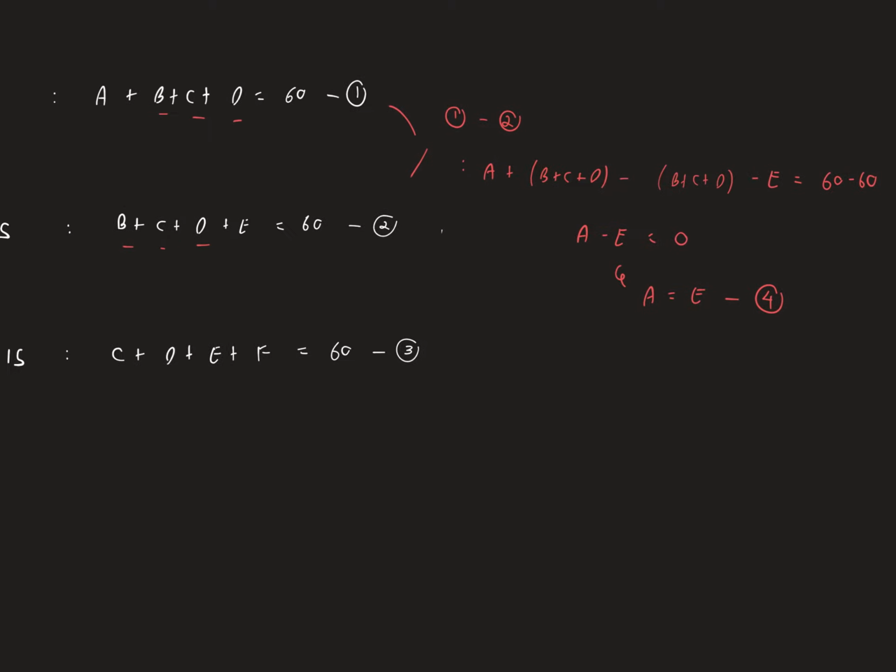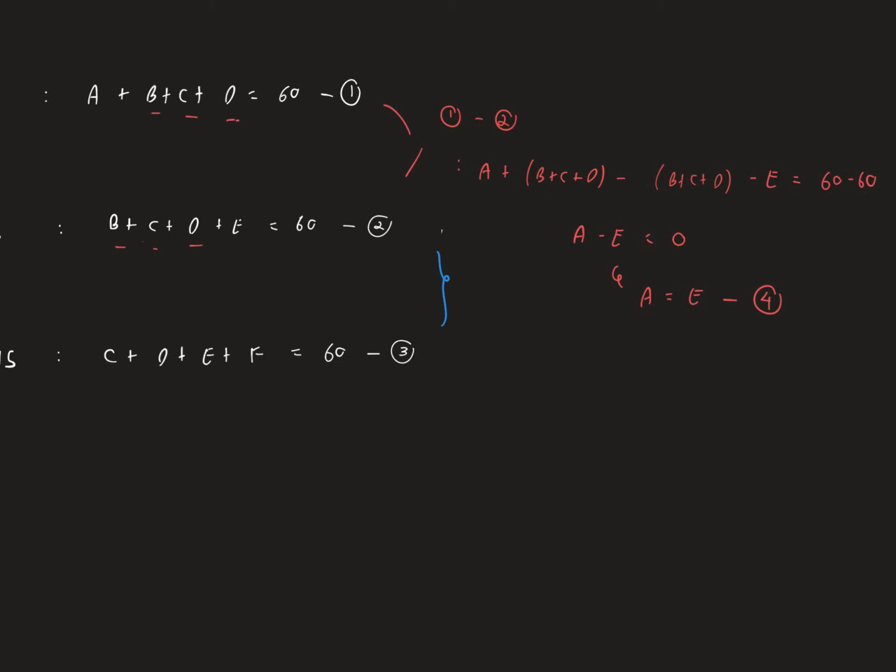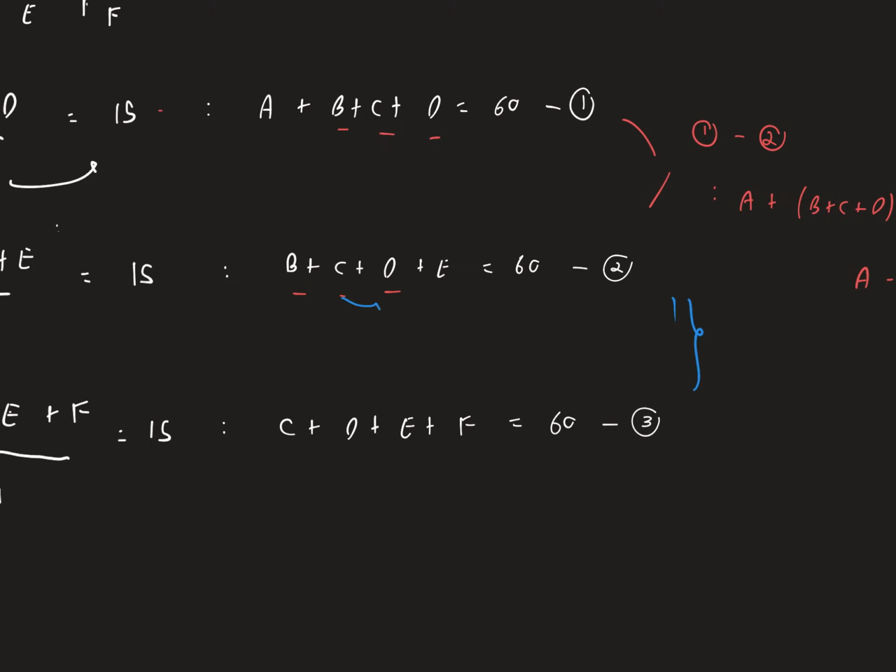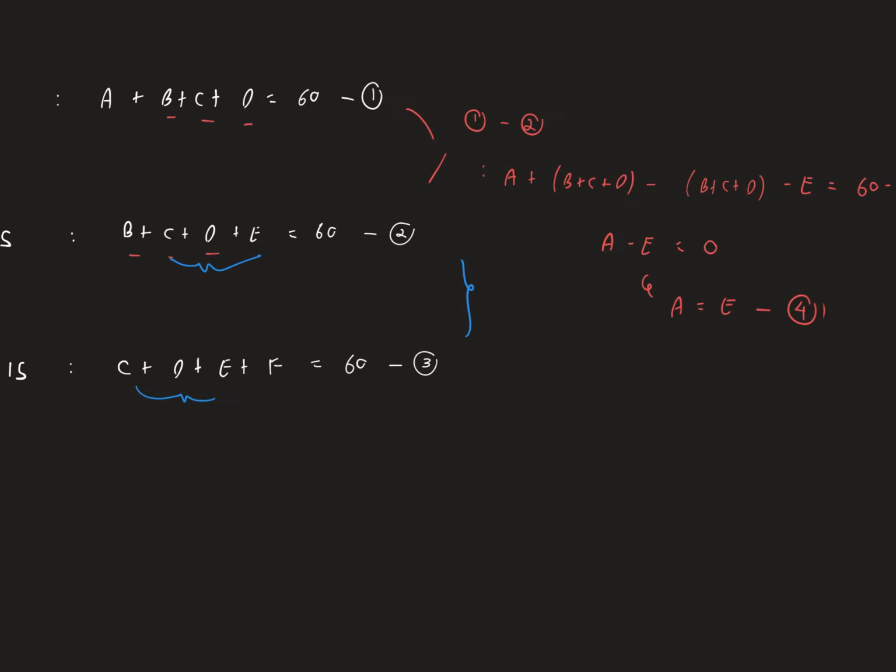And between the second and third equations, since 3 terms can be found in both, what we're going to do is probably the same. So we're going to subtract the third equation from the second one.